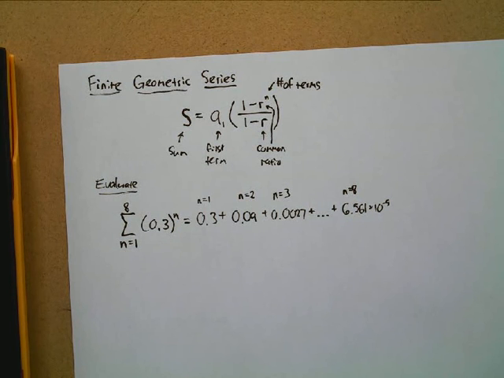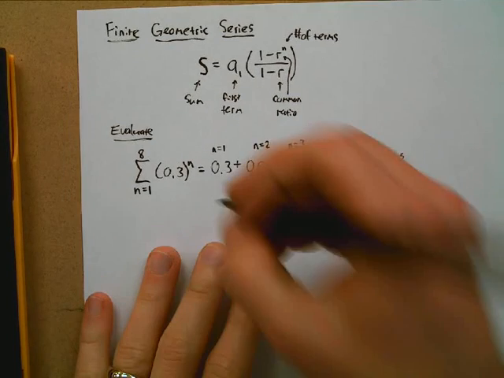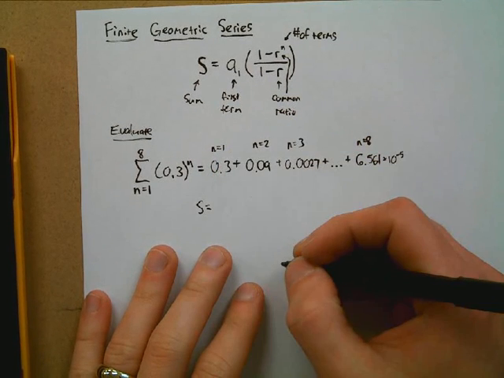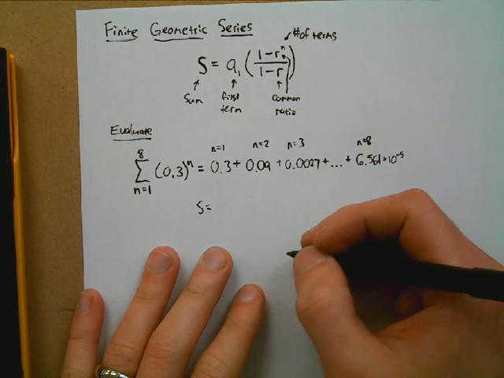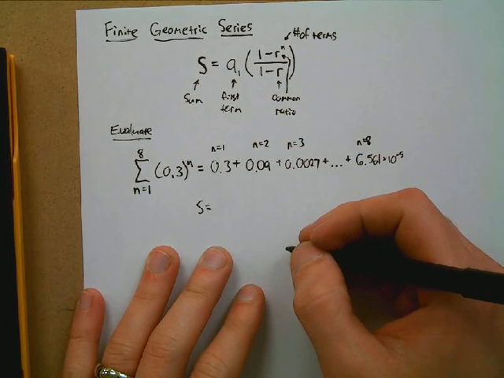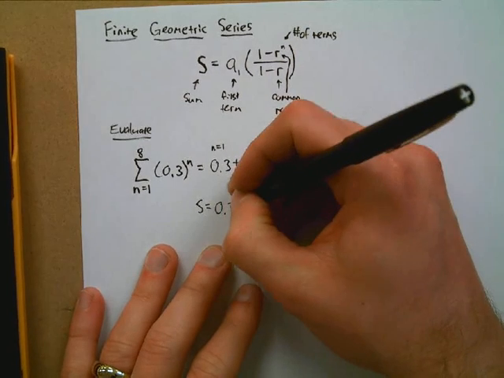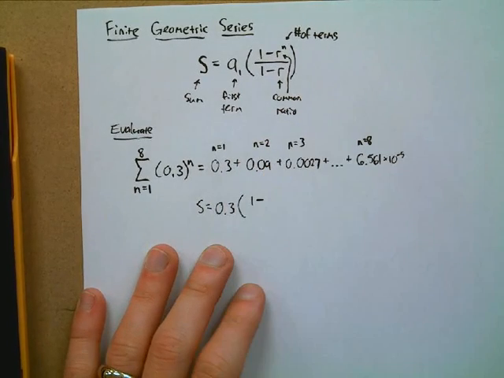So let's go ahead and set this up. The sum is going to equal, what's a sub 1 in our case? 0.3 times 1 minus, what's our common ratio here? What are we multiplying by each time? 0.3, yeah, so it's 1 minus 0.3 to the 8th over 1 minus 0.3.